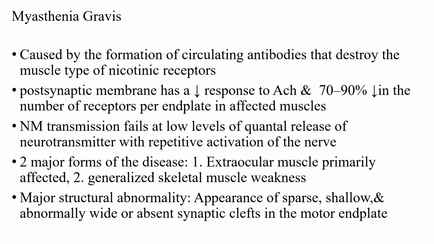Especially in myasthenia gravis, it becomes worse in the evening. In the morning, neurotransmitter release is more, so that will act. As the day goes, the person becomes more tired, right? Extraocular muscles are primarily affected, with generalized skeletal muscle weakness, right? There is an appearance of a sparse, shallow, abnormally wide or absent synaptic cleft in the motor end plate in this disease.